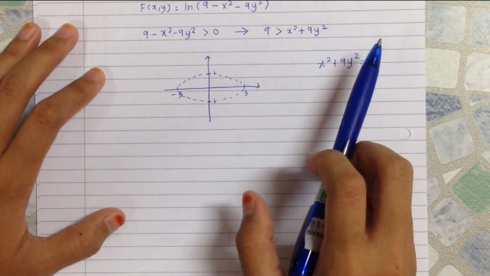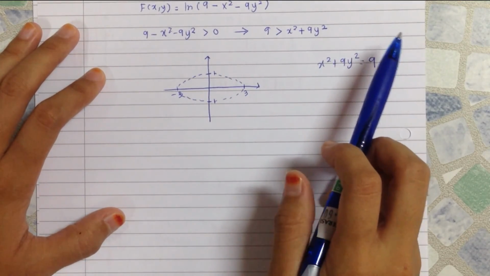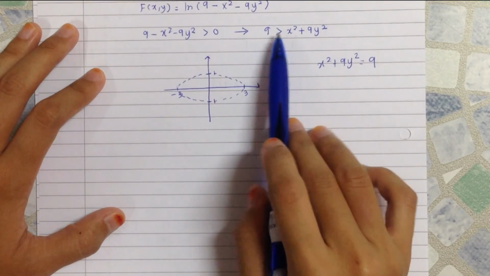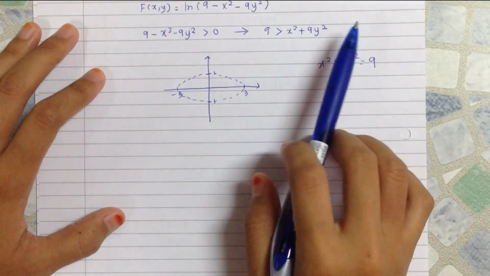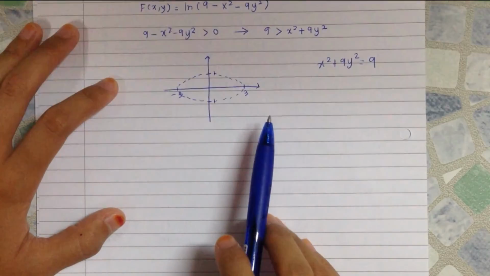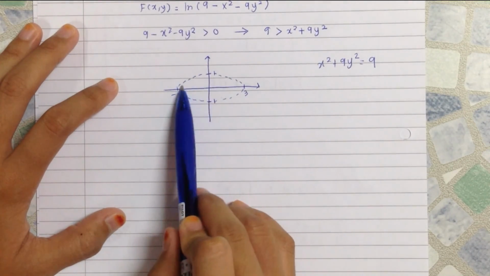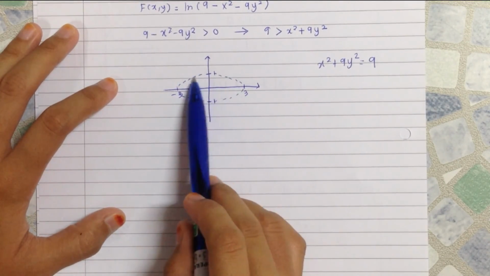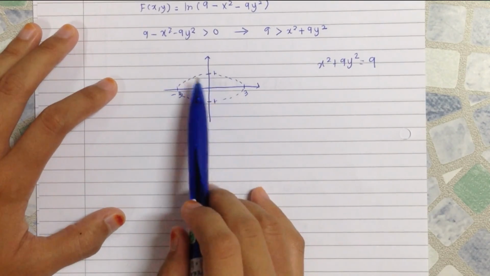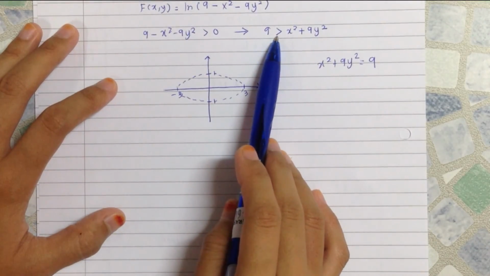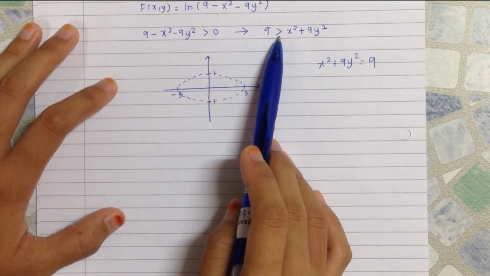So the set of points that satisfy x squared plus 9y squared is less than 9 are actually all the points inside this ellipse, but not touching the boundary, which is this dashed line, because they don't have equality here.